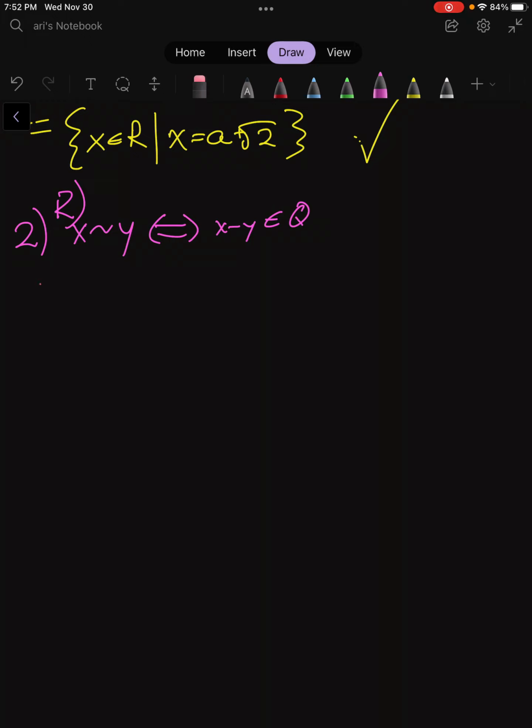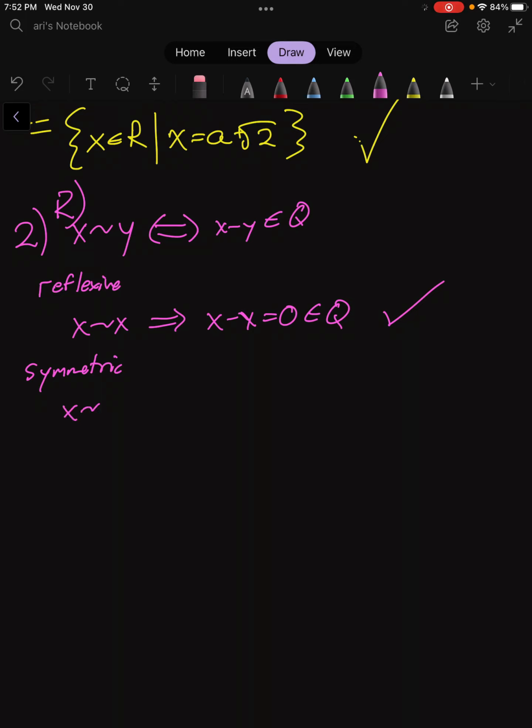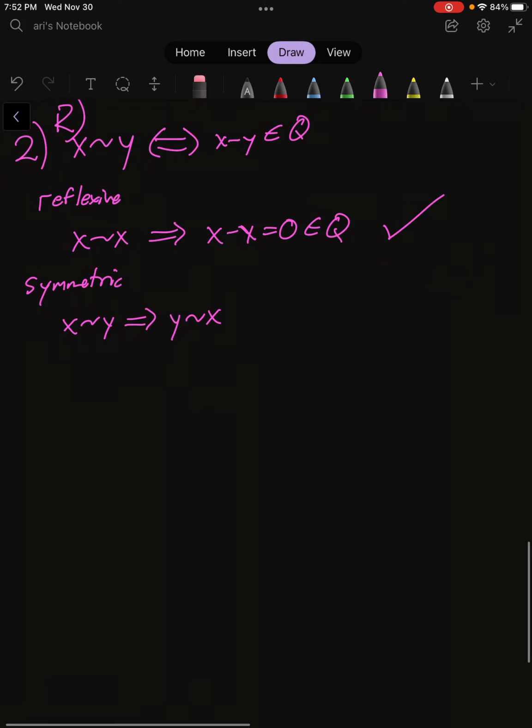So equivalence relation again is, let's start with reflexive, which means x tilde x, which means x minus x equals 0, which is rational. Good. Now symmetric, x tilde y implies y tilde x, and so that means that x minus y equals p over q, which is rational.